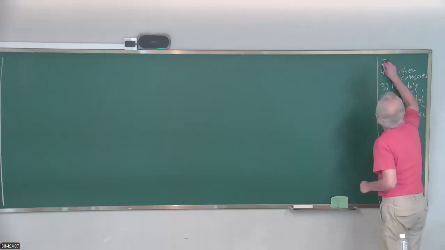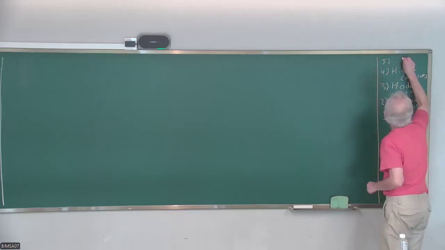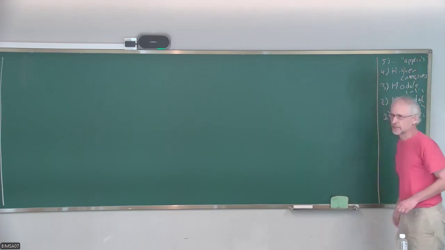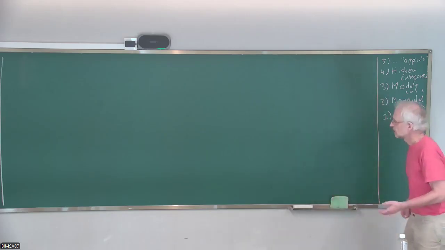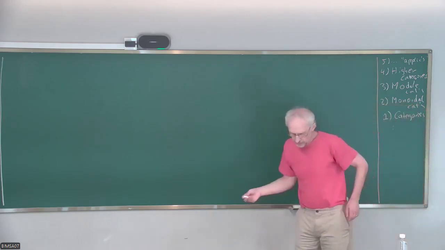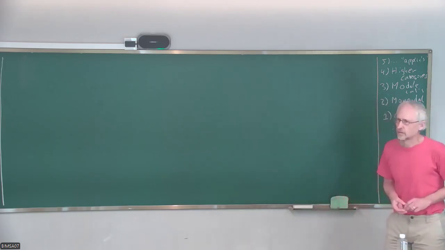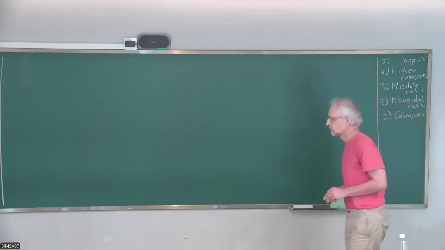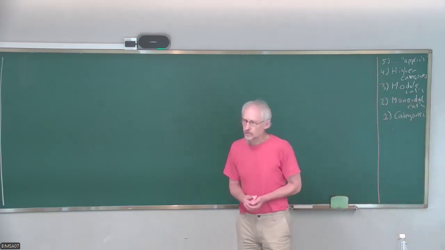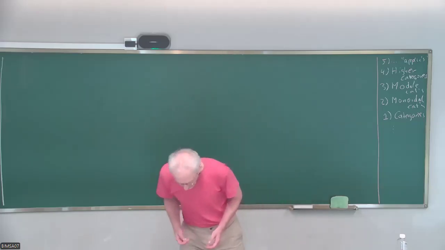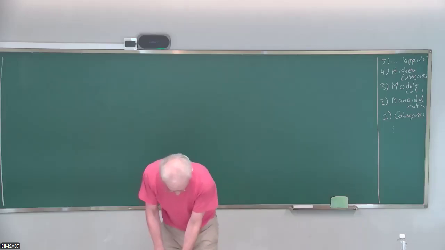And then there will be what you might call applications. So there will be some specific topics, mainly from work in which I have been involved myself. In particular, the construction of correlation functions for two-dimensional conformal field theories, rational two-dimensional conformal field theories in the first place.